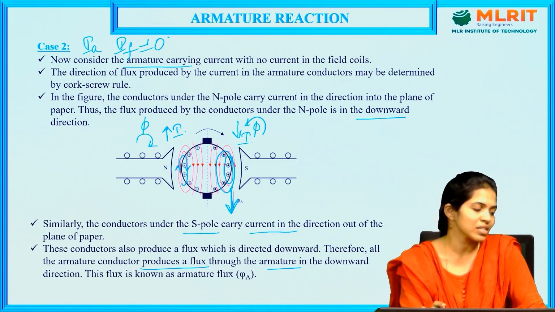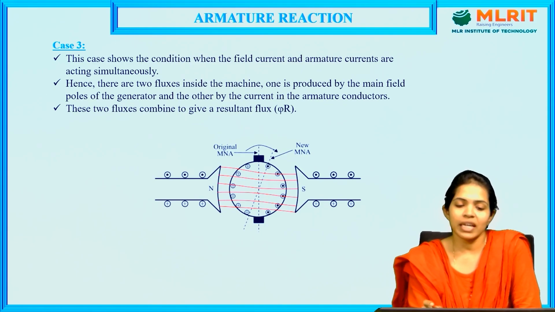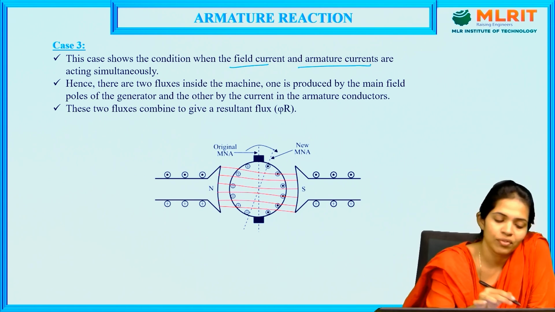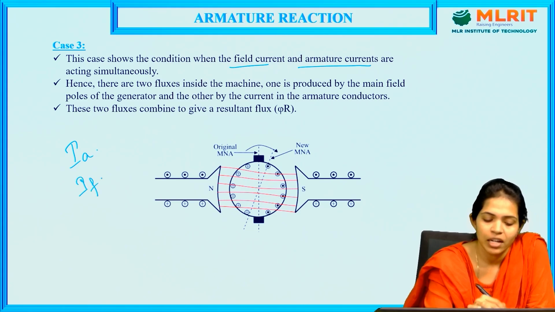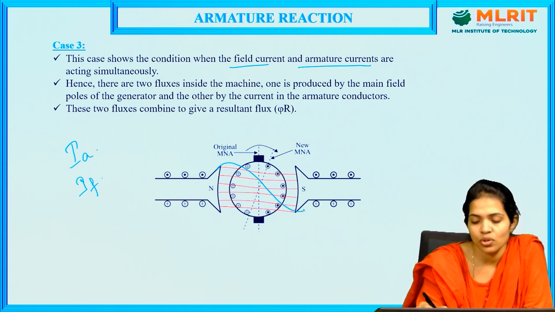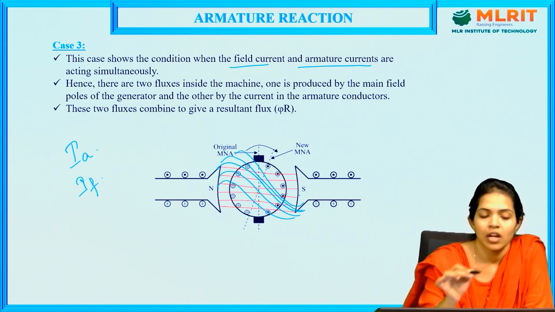Moving on to the next case. In case 3, both field current and armature current are present, and we can see a distortion of the flux occurring here.